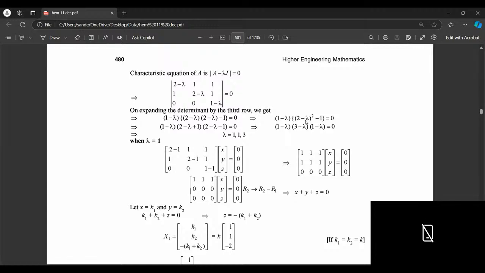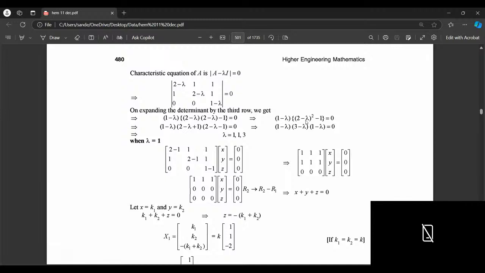Now, if this situation arises, in that case, we have to choose x equal to k1 and y equal to k2 here. Here the variables are x, y, z. So replace x by k1, y by k2, which implies z equal to minus k1 minus k2.